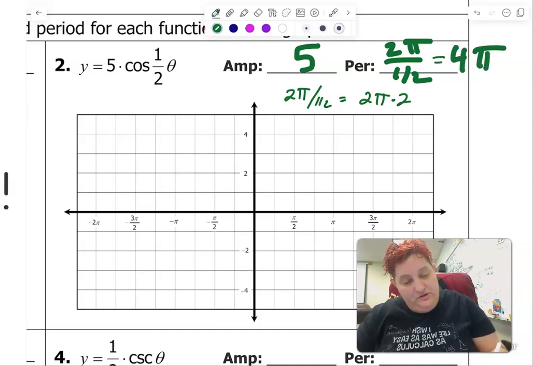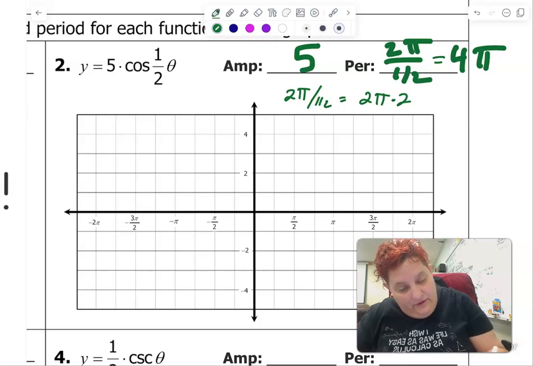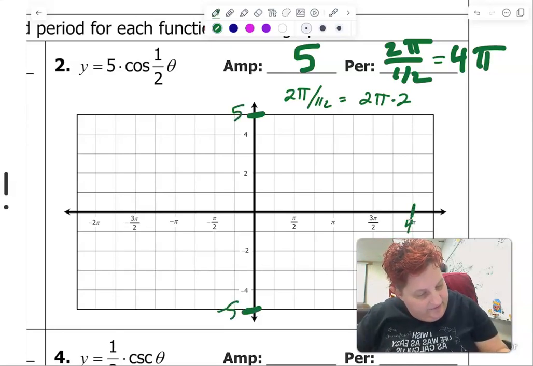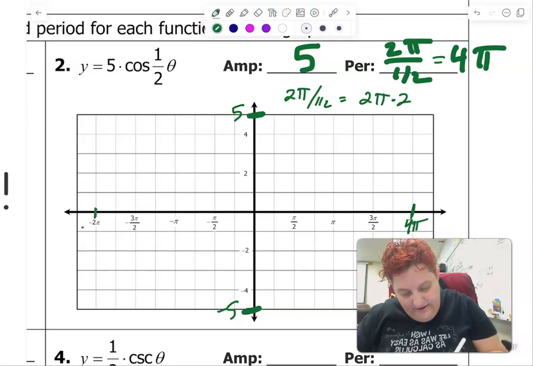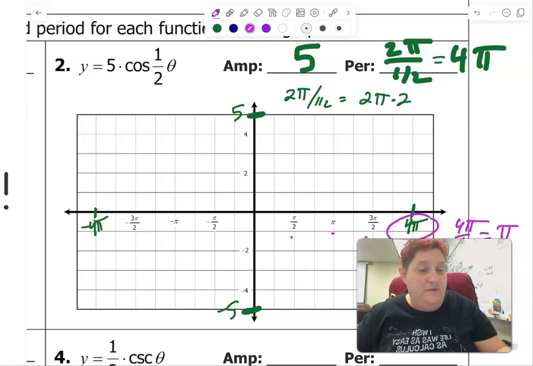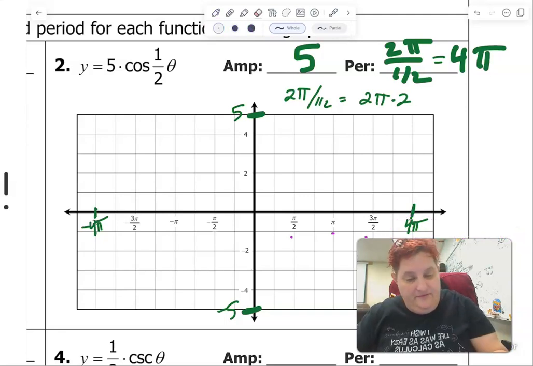So we're going to go to 5 and -5 on the y-axis, and on the x-axis we'll say 4 pi and -4 pi. Then we divide that by 4. What is 4 pi divided by 4? Because we need to cut it up to get all those parts. That's just pi.